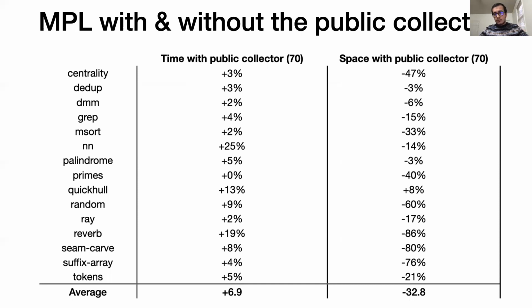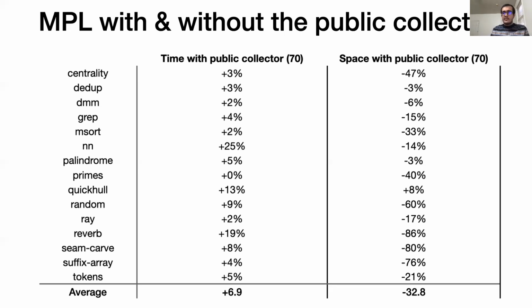So to get the effect of public collection on performance, we ran Maple with the public collector turned on and turned off, just to measure the overhead from public collections. So if you look at the time difference, the numbers are pretty small. This shows how much extra time it takes with the public collector.